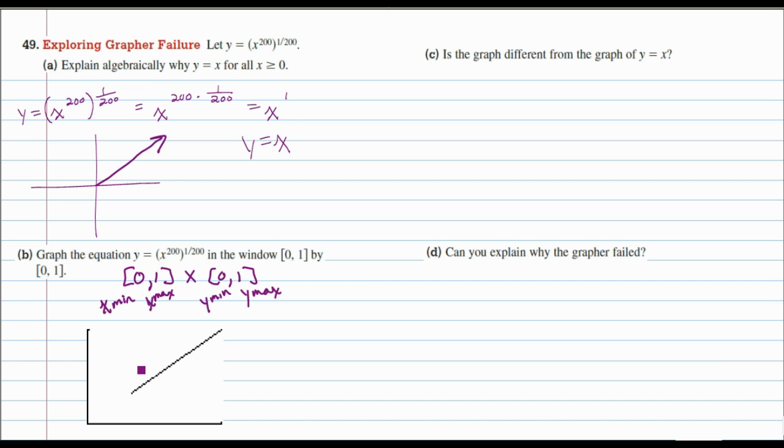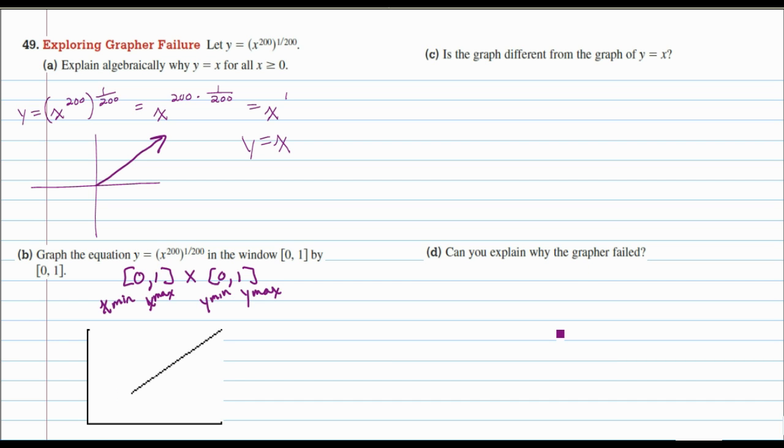Your calculator cannot calculate those numbers. It just doesn't have that ability. We've reached its maximum capacity. So it drops the values off and pretends like they're not even there, when you and I both know that they exist, it's just your calculator is not physically capable of calculating it. So that's our explanation of why the grapher failed.